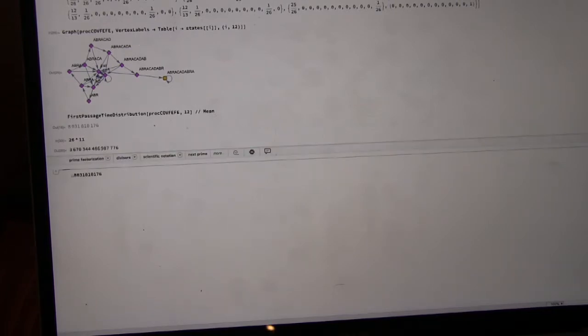It's a lot: million, billion, trillion. So 3 quadrillion, 3.67 quadrillion. My first guess for you to make: is abracadabra going to be more, less, or equal to 26 to the 11th?